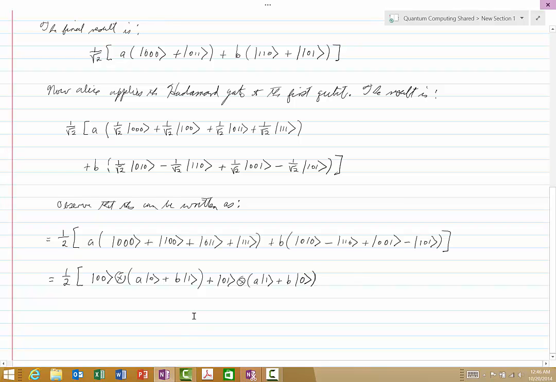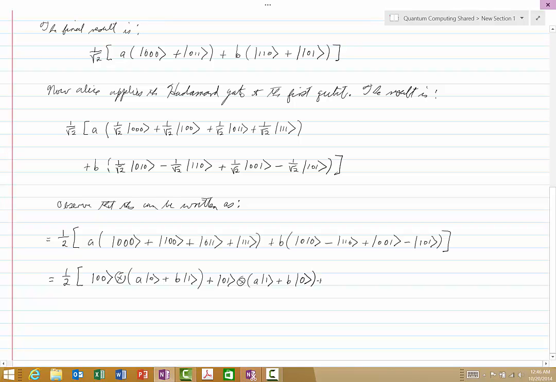And that is resulting from the combination of the third term in the brackets with the fifth term in the brackets. Both of those start with |01⟩, and what's left over is a times 1 plus b times 0.